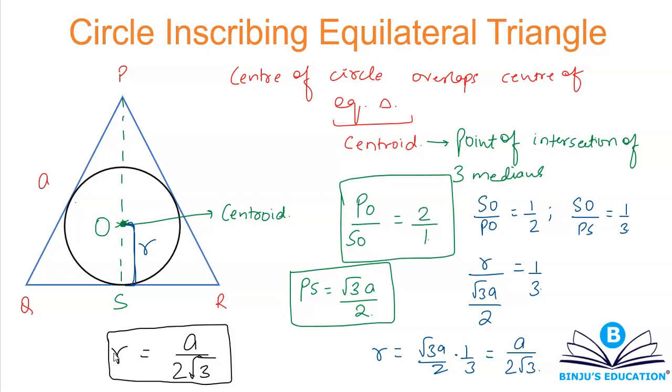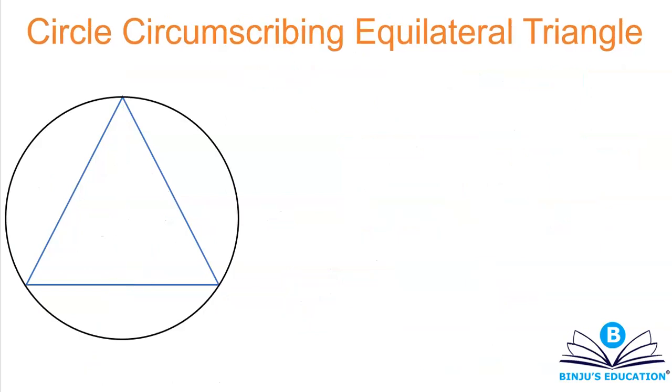Alright, next one is circles circumscribing an equilateral triangle. The logic remains the same. That is, the center of the circle and the equilateral triangle overlap. Because the centroid will be the center for the triangle, and the centroid is going to overlap with the center of the circle.